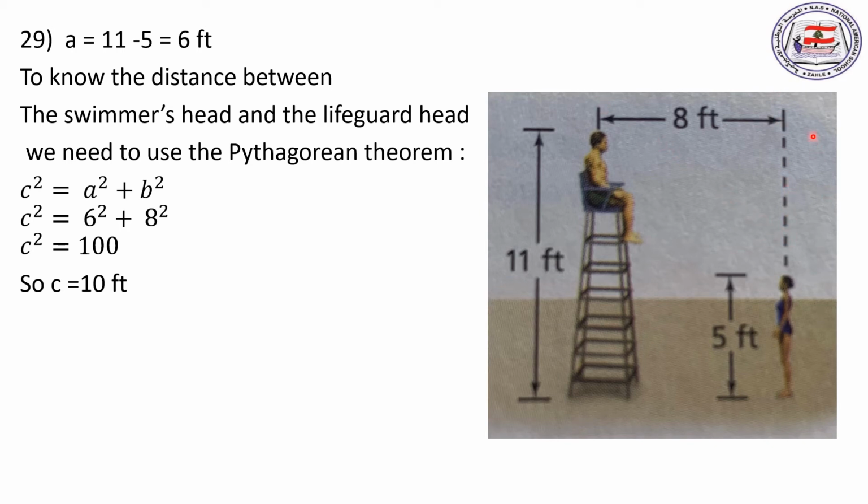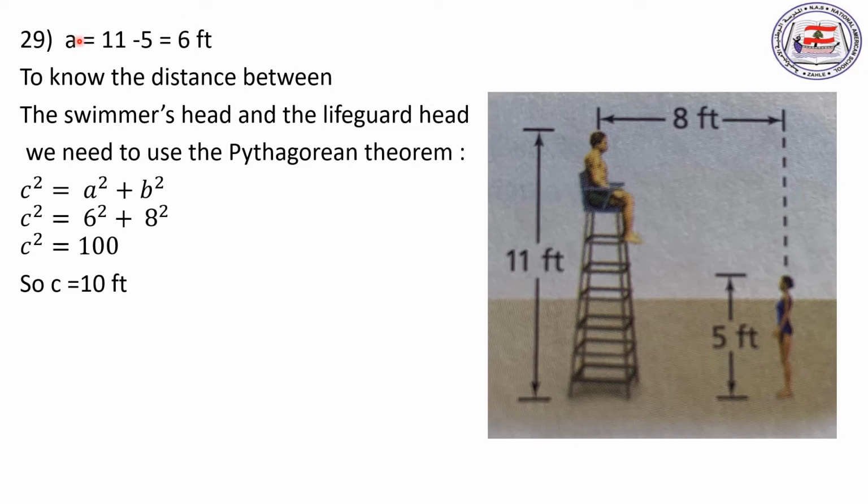First we need to define the length a, which is represented by the dotted line. a is equal to 11 feet minus 5 feet, so it is equal to 6 feet.